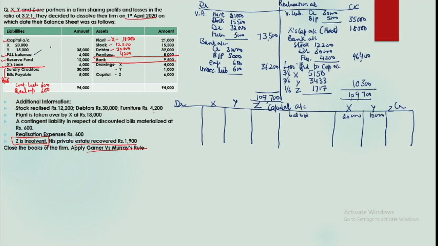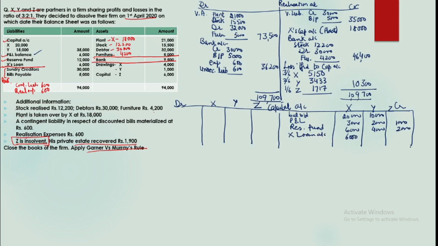Then you have the P&L balance. So distribute it among partners in their ratio 3:2:1. Then you have the reserve fund, distributed in their ratio. Okay, then you have X's loan. You can separately prepare his account and you can pay it also.